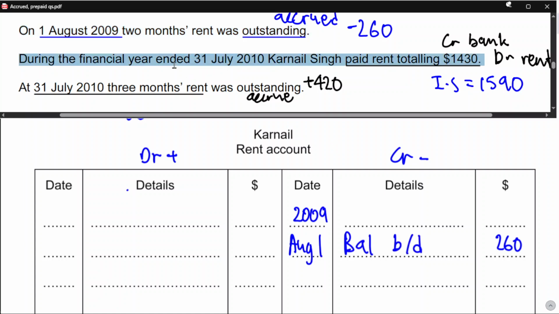The second line will be rent debit bank, rent debit bank.